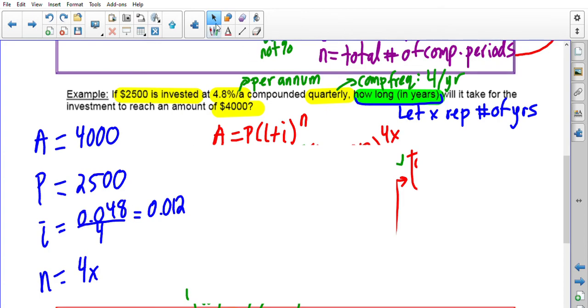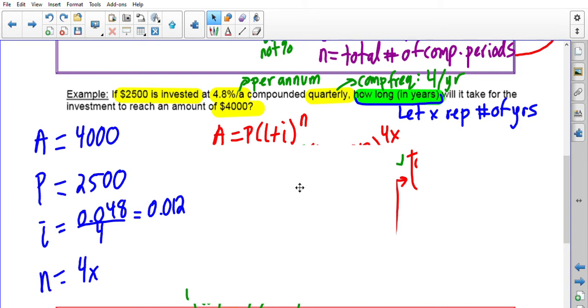You always take that value in percent form and divide by 100. Then you take that rate and divide it by the compounding frequency in 1 year, which is 4. So we get an i value of 0.012, the interest rate per compounding period.